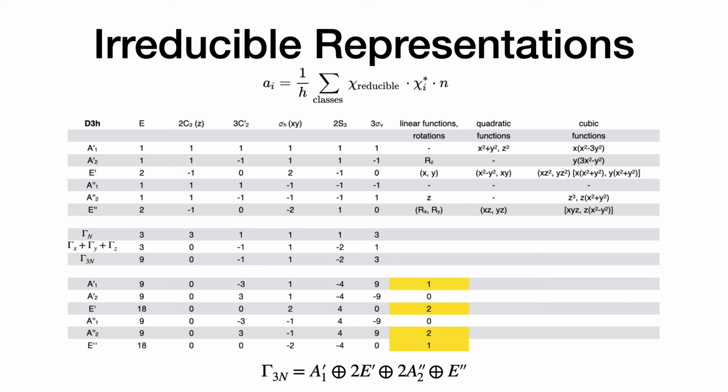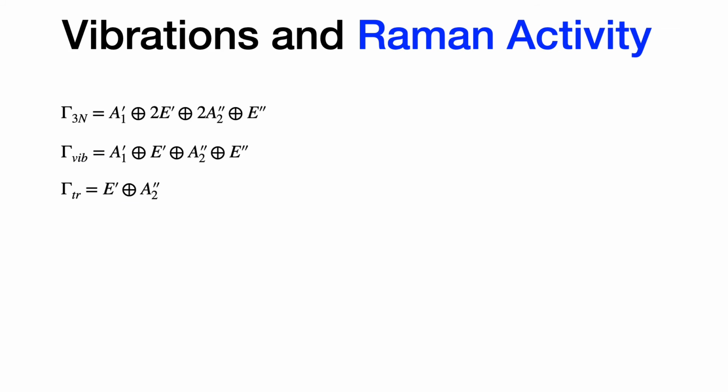And on the last slide now, I can simplify and maybe analyze a little bit further by looking at the vibrations and the Raman activity. So the gamma 3n, I just showed you what it is. But only some of those are vibrational modes because the others are pure translation. The good news is the pure translation, we already looked at them. These were the gamma x plus gamma y plus gamma z.